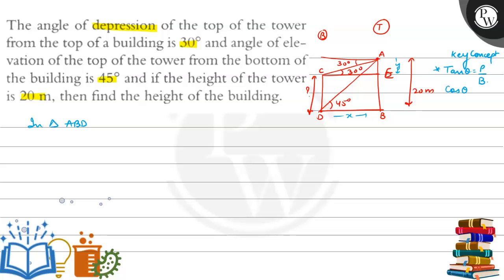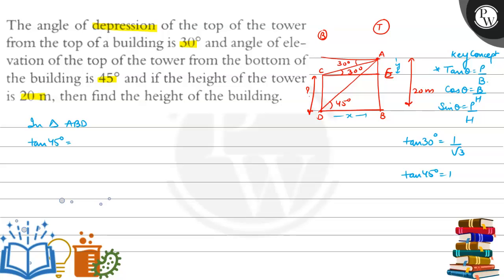Cos theta is base upon hypotenuse, and sin theta is perpendicular upon hypotenuse. Now the value of tan 30 degree is 1 by root 3 and the value of tan 45 degree is 1, right?